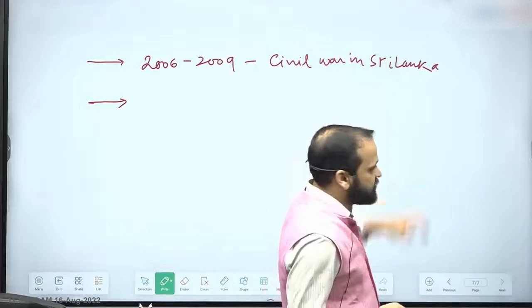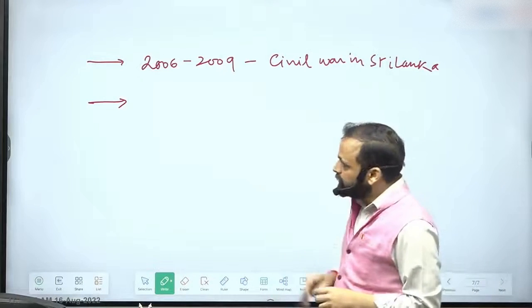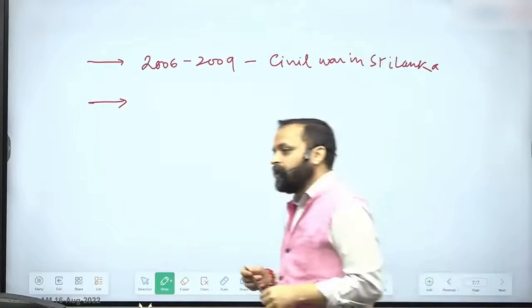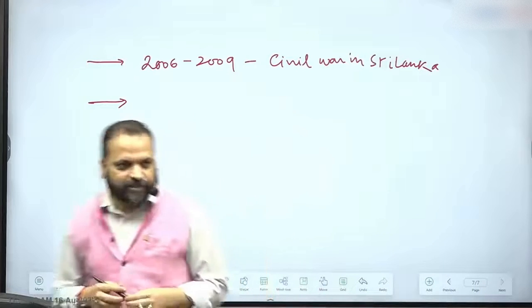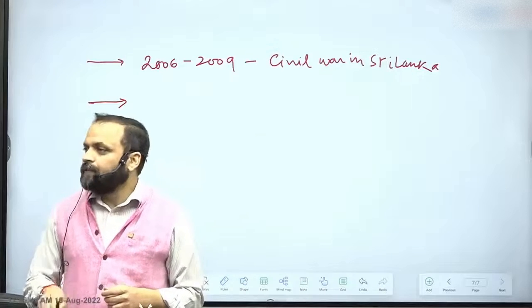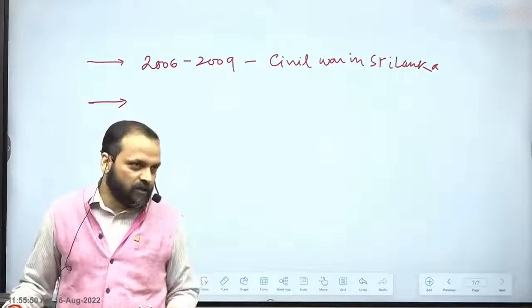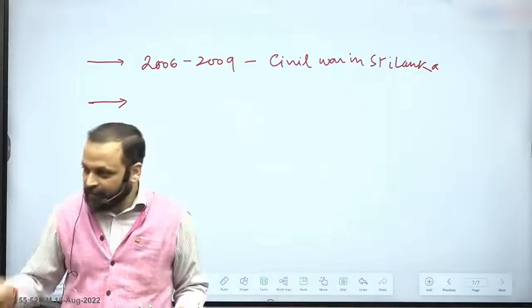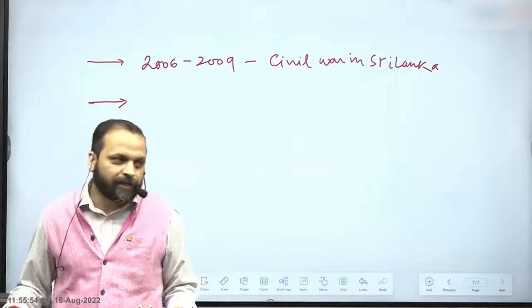The decisive phase came in 2006 to 2009. What happened? Sri Lanka elected a nationalist president, Mahinda Rajapaksa. So those who call themselves nationalists would always talk about security. कि हम क्या करेंगे? Security ensure करेंगे.